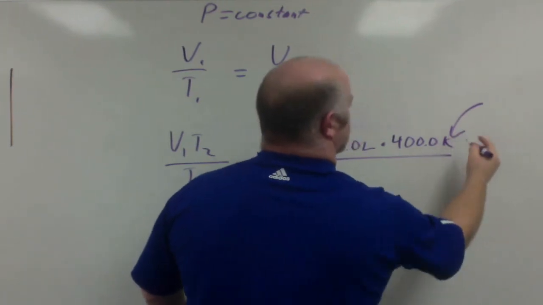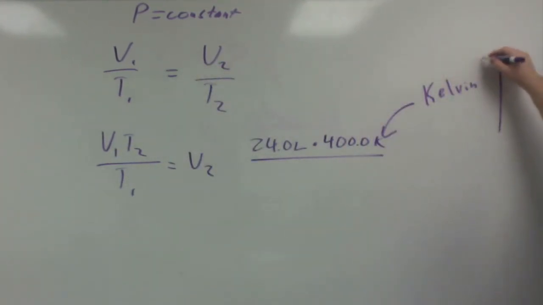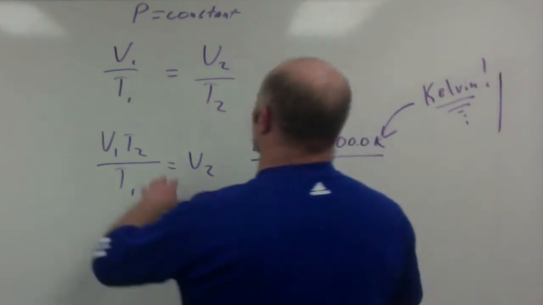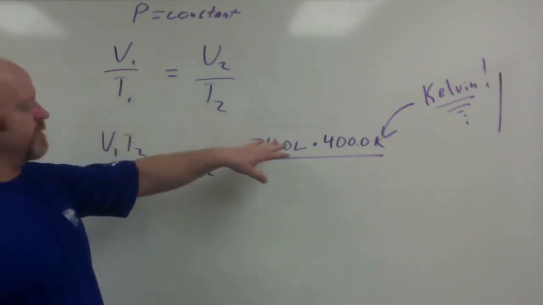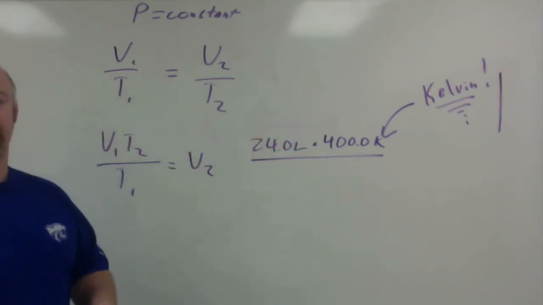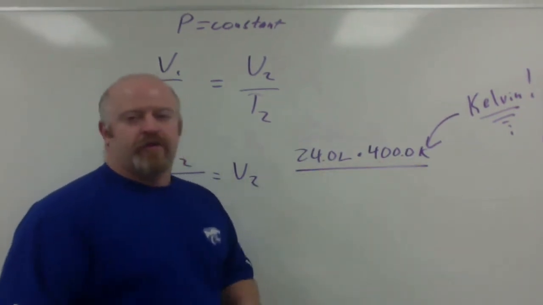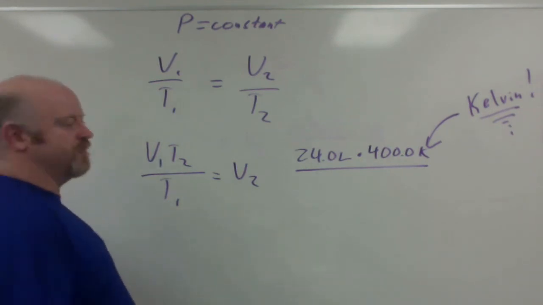Notice how we are in kelvins here. Okay. We must be in kelvins to do this math. You have to be in kelvins, okay? It does not work, you will not get the right answer if you work in Celsius, because you need to be in that absolute temperature scale. We're at 400 kelvins here, and we initially started with 175 kelvins.